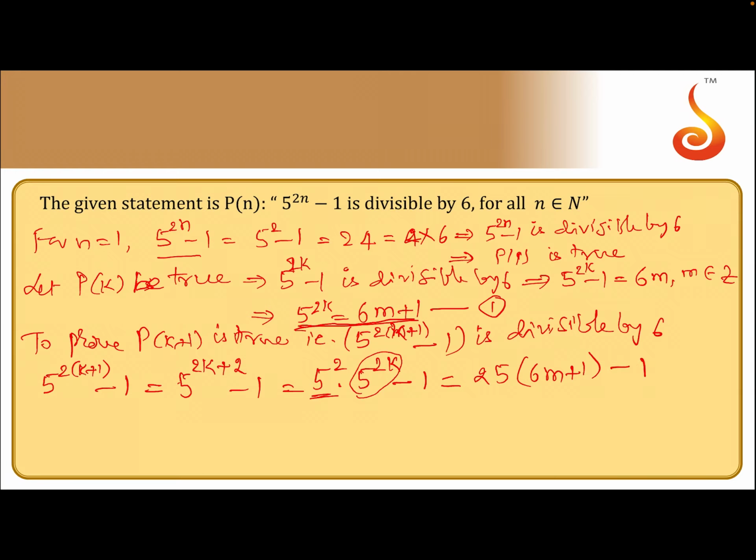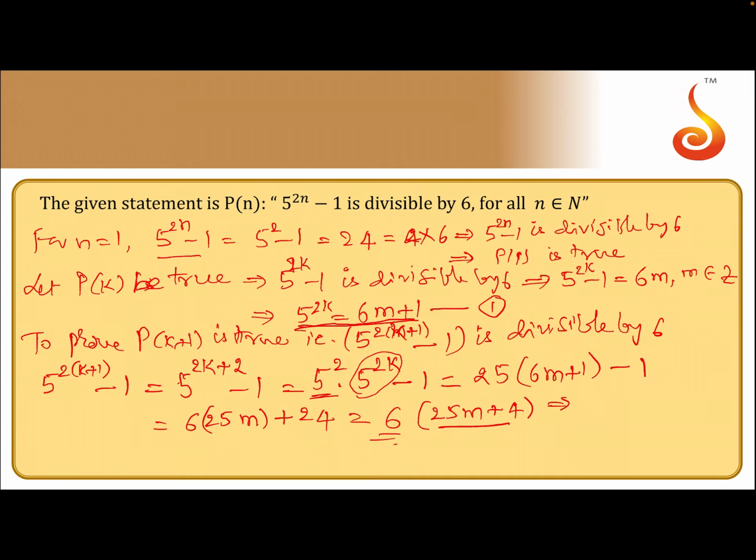Clearly, the simplification gives us 6 times 25m plus 25 minus 1. That will become 24. Overall, you have 6 common, 25m plus 4. So, it is a multiple of 6.